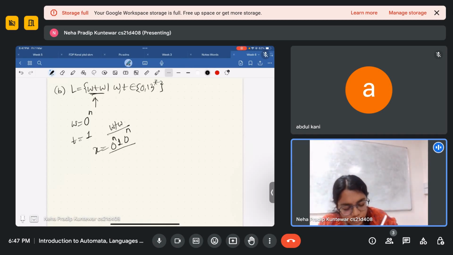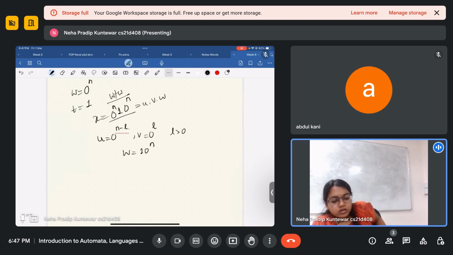So this can be written as UVW, where U is 0 to the n minus L, V is 0 to the L, where L is greater than 0, and W is 1 0 to the n.